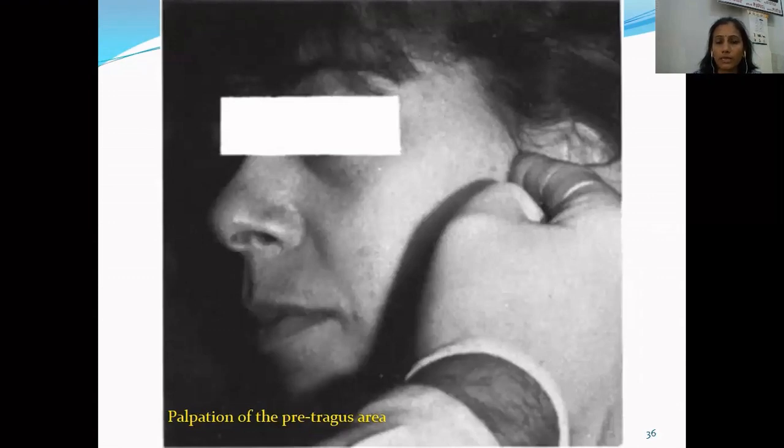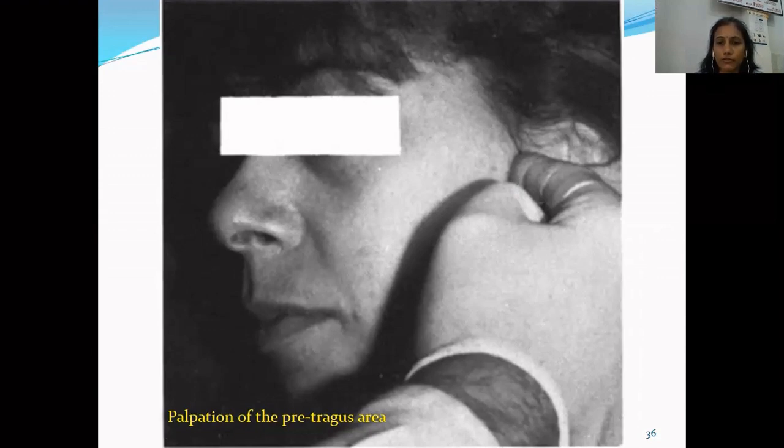There are mainly two methods of palpation of the temporomandibular joint. One method is extraauricular and the other is intraauricular. In the extraauricular method, you place the index finger of both hands just in front of the tragus of the ear. As you see in this diagram, this is the pretragus area. You should place your index fingers of both hands on either side.